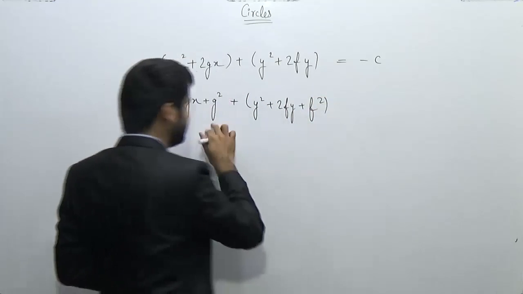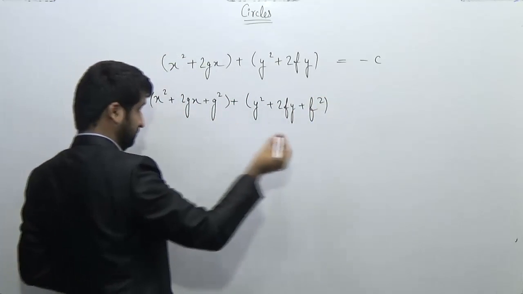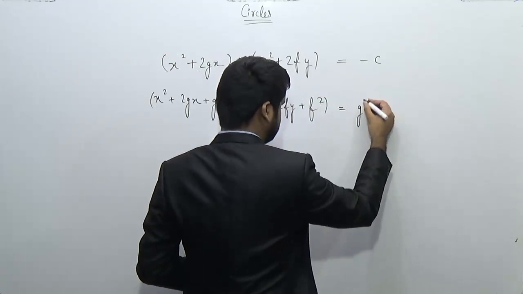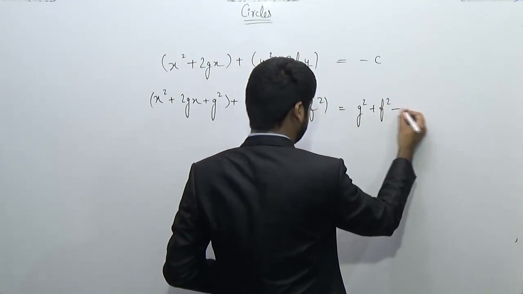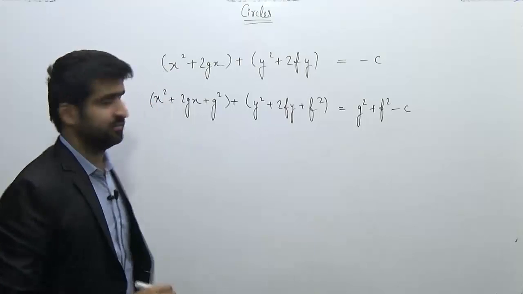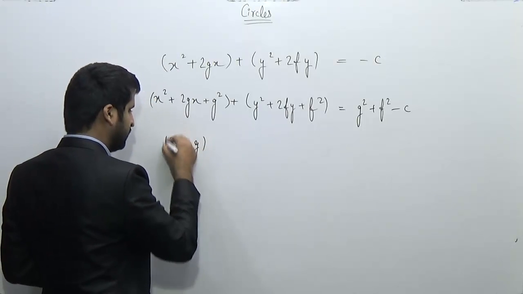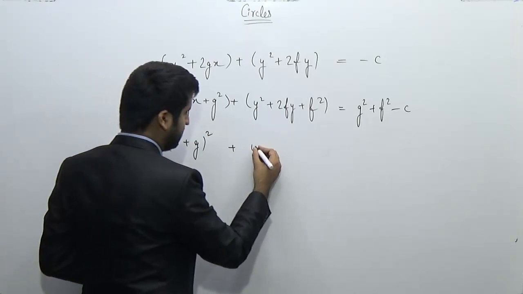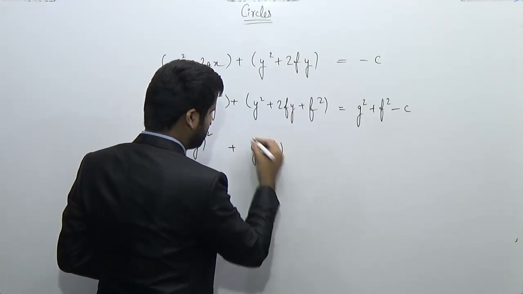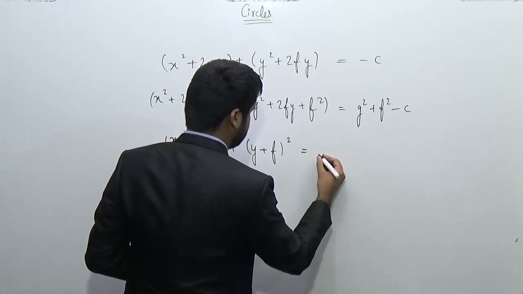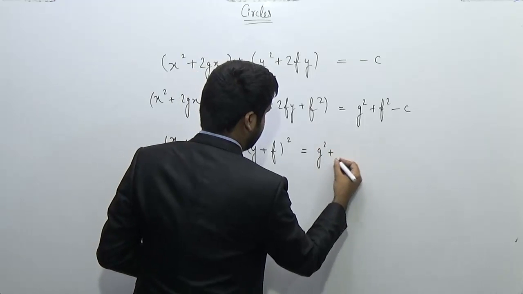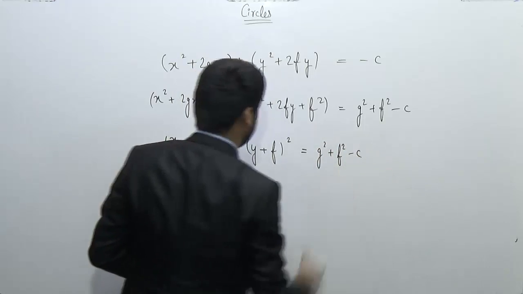And if I'm adding g square and f square over here, I'll have to do the same at RHS. So I'll get this. Right? And this will become x plus g whole square plus y plus f whole square is equal to g square plus f square minus c.